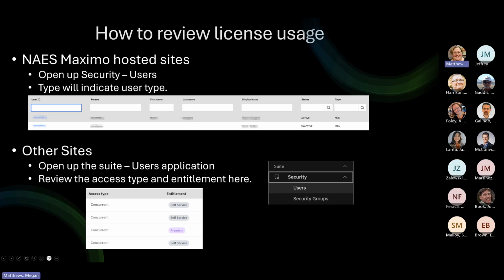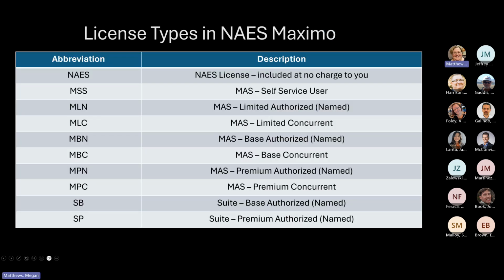For those of you who cannot see this application, this is what the abbreviations are. So we have NACE. These are NACE licenses that are provided at no charge to you. This is going to be your Max admin. All of my NACE Maximo team is going to be added to your environment at no charge to you so that we can log in and do what we need to do.